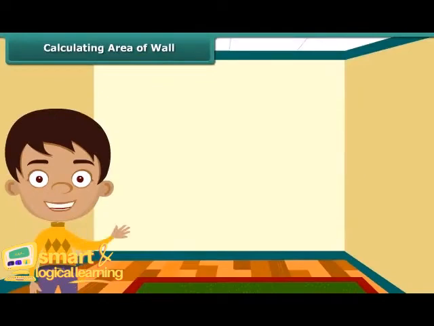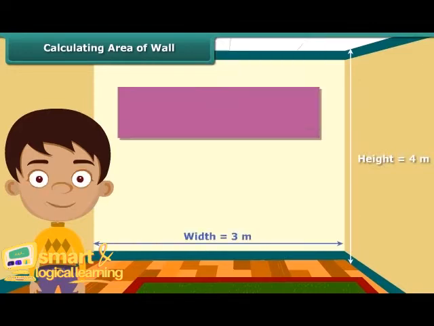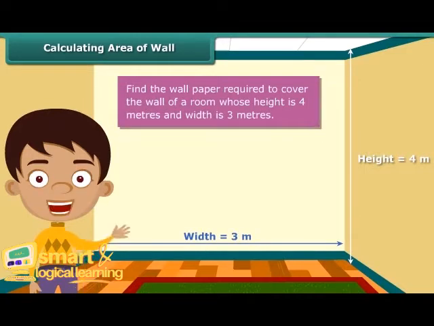Now that we know how to calculate area, let us solve a question based on the concept. Each wall of Nidhi's room is 4 meters high and 3 meters wide. She wants to cover one of the walls with wallpaper. She wants to know how many square meters of wallpaper will be required for the purpose.